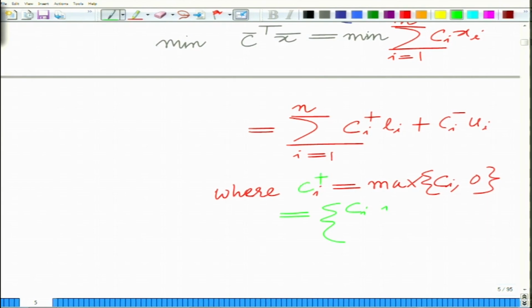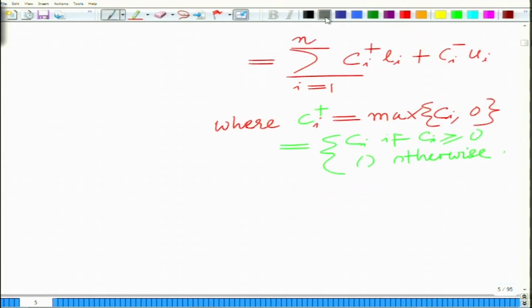This is equal to Ci if Ci greater than or equal to 0 and 0 otherwise.